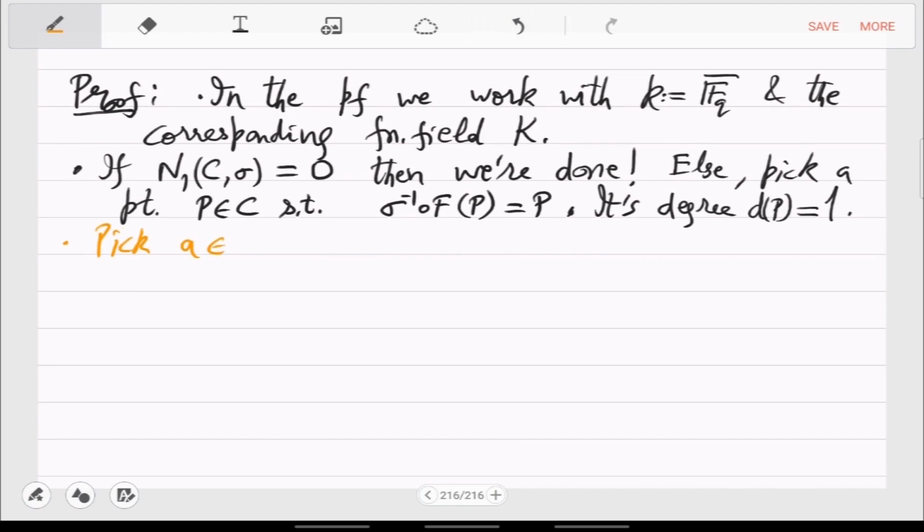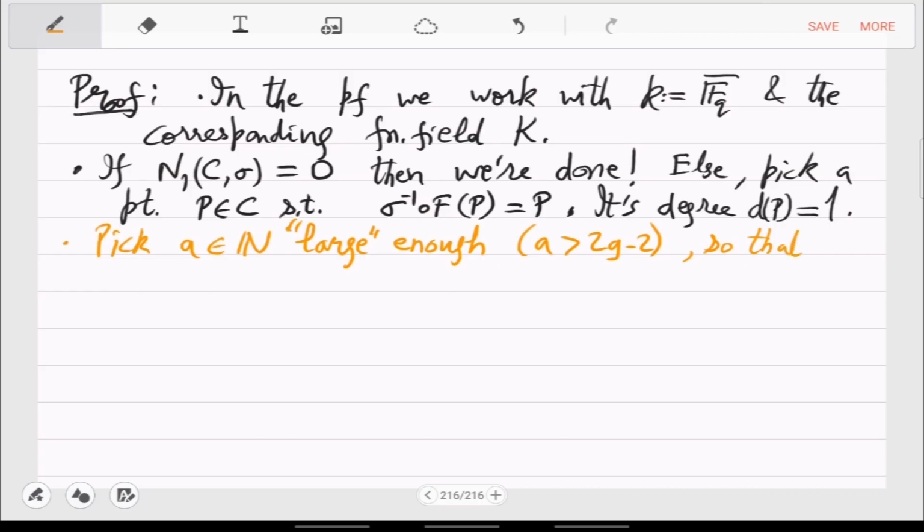Pick a number A large enough. We are not fixing it yet. Oh actually no, I can tell you what it should be. We'll take this to be more than 2g minus 2, so that Riemann-Roch works.